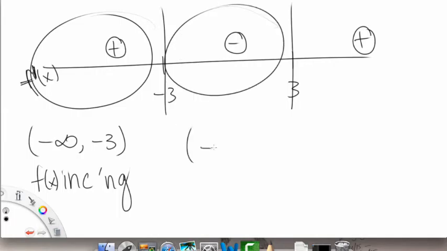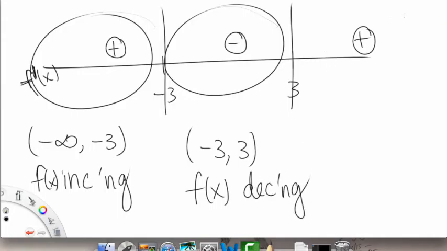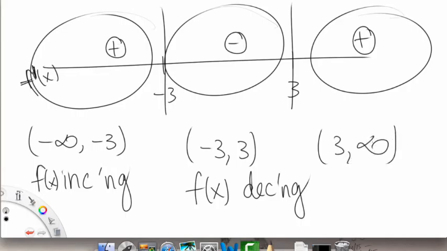So now we have the interval negative 3 to 3. We just denote it by the endpoints, right? So here we have that f of x is decreasing. Okay, and lastly, here's our last interval. We have from 3 to positive infinity. We have that f of x is back to increasing.